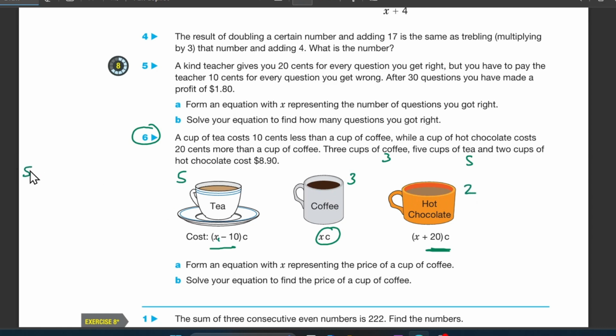So 5 times x minus 10 plus 3 times x plus 2 times x plus 20 equals 8.9. 5x plus 3x plus 2x minus 50 plus 40.